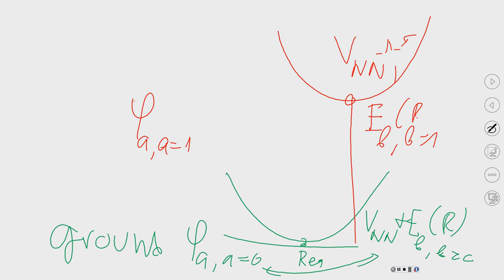This term that changes is how the eigenstate of the electronic system depends parametrically on positions of ions. And this is a complicated function. So the drawing here shows the equilibrium position of the ground state and the equilibrium position of the excited state.